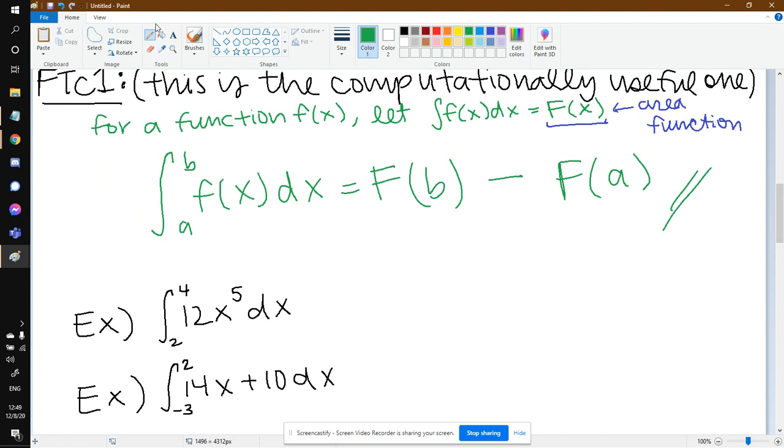Let's keep that up here and do the example here. The example is if we're doing the integral from 2 to 4 of 12x to the 5th, the first thing we do is find the area function by taking the integral.